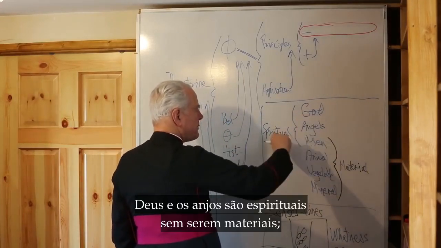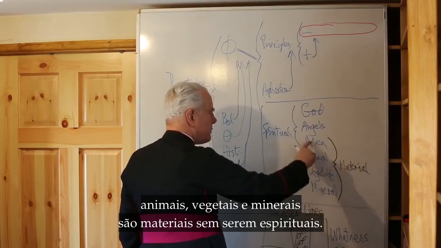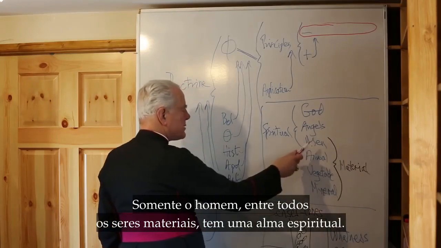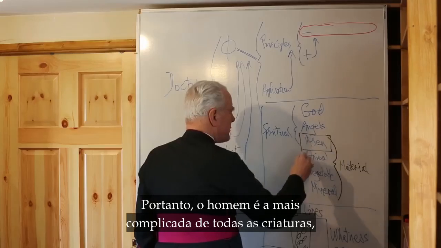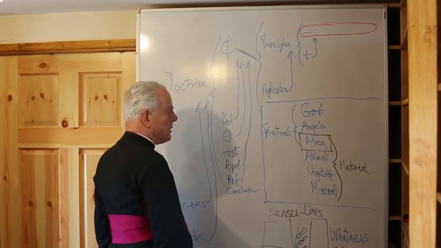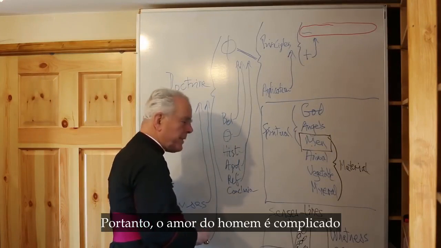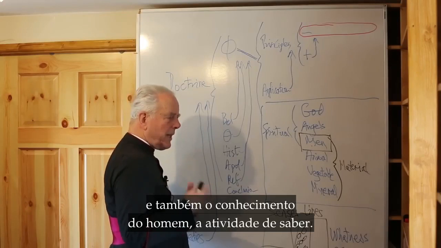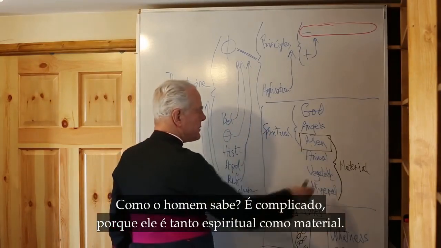God and the angels are spiritual without being material. Animal, vegetable, and mineral are material without being spiritual. Only man, amongst all the material beings, only man has a spiritual soul. Therefore, man is the most complicated of all creatures, because he's both spiritual and material. Therefore, the loving of man is complicated, and the knowing of man, the activity of knowing, how man knows, is complicated, because it's both spiritual and material.